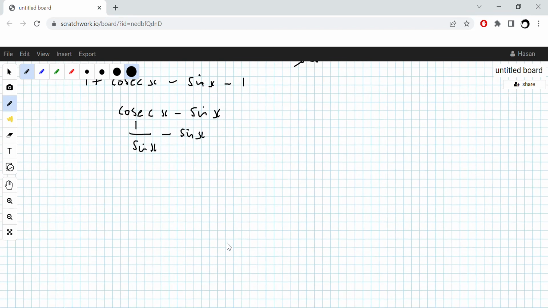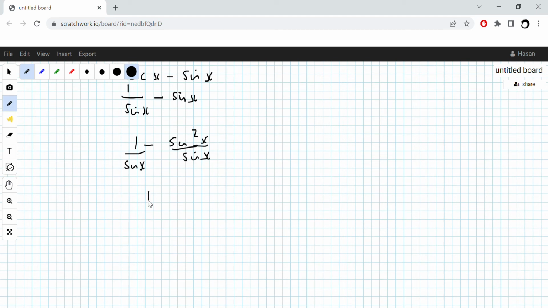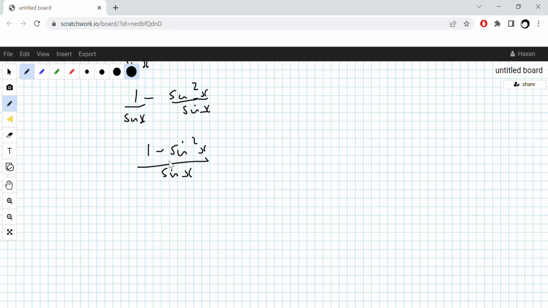Cosec x is the same as 1 over sin x, so that's 1 over sin x minus sin x. Now we can simplify this expression by making the denominators the same: 1 over sin x minus sin squared x over sin x. That's the same as 1 minus sin squared x over sin x. We did that as the denominators were the same, so we could bring them together.